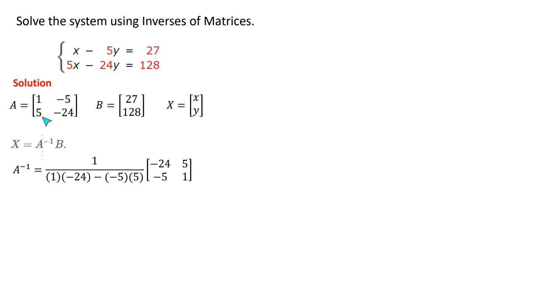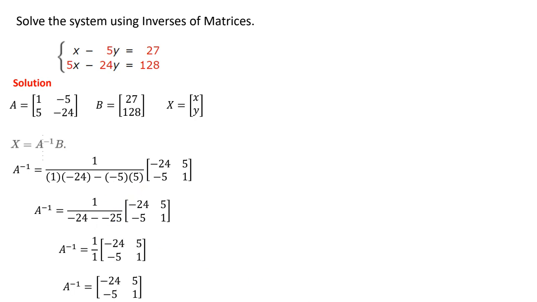And instead of a positive 5, I have a negative 5. Simplify. So this gives me 1 times negative 24 is negative 24. Negative 5 times 5 is negative 25. Negative 24 minus negative 25 would be a 1. So this is going to be my inverse here.